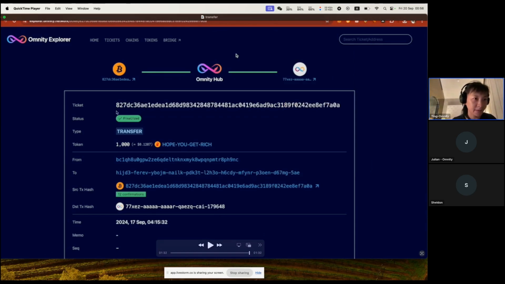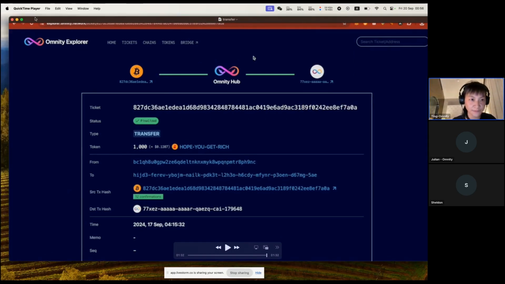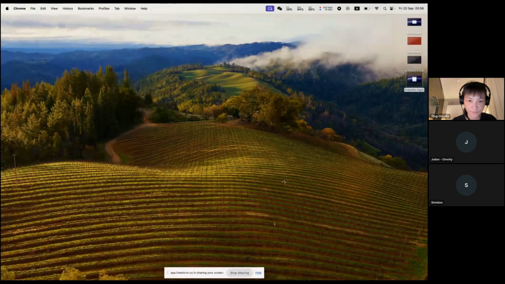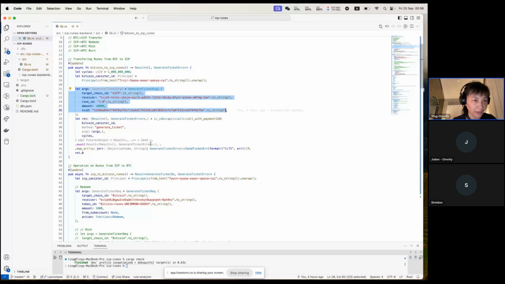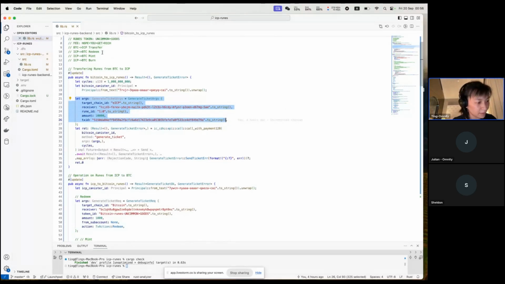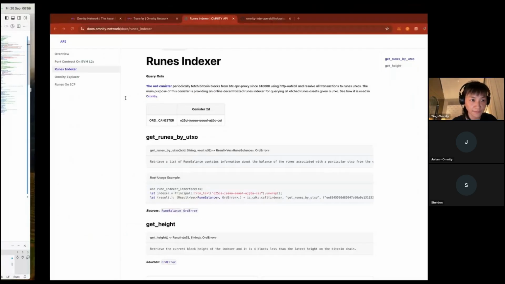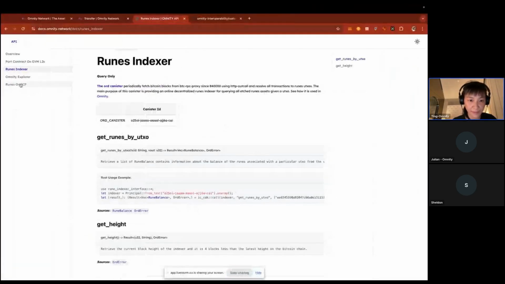And so coming next, for transferring the Runes from ICP back to BTC, we will go to the generated ticket on the ICP here.